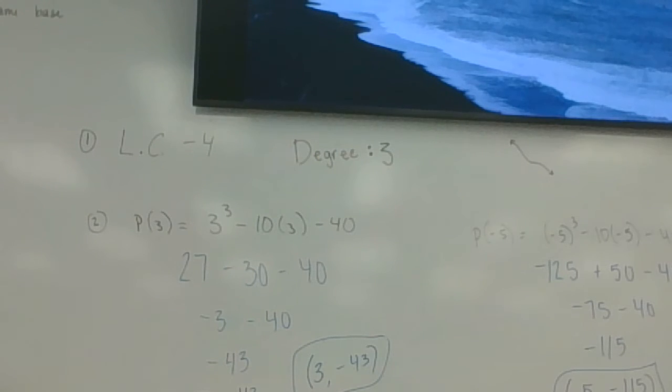The maximum number of turning points of a polynomial is always 1 less than the degree of the function. What the heck are we talking about? Maximum turning points of a polynomial is always 1 less than the degree of the function.